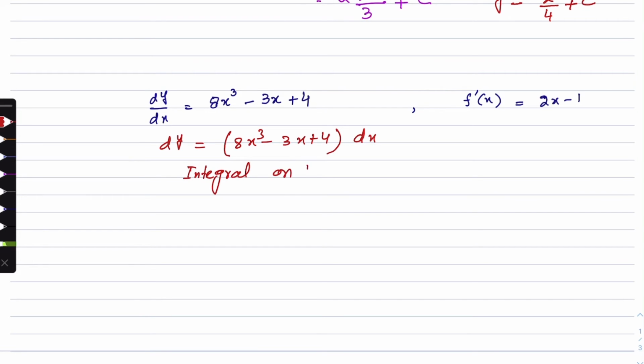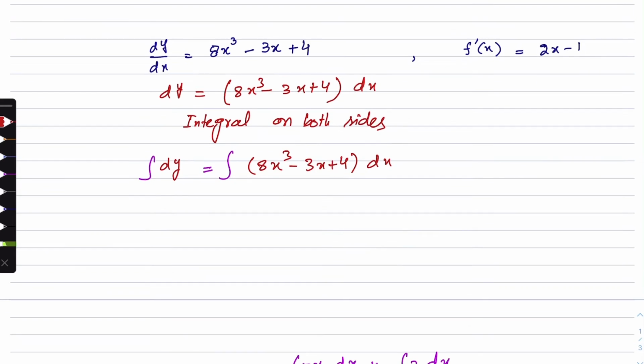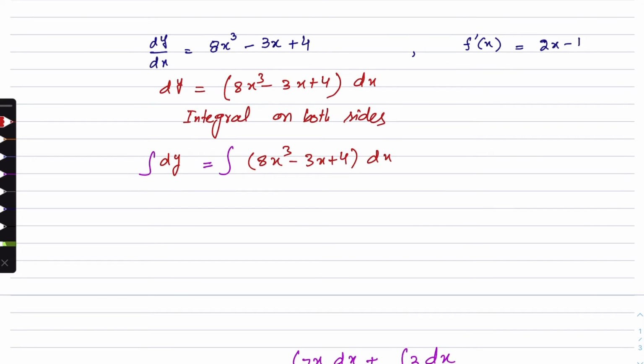So this would become the integral of dy is equal to the integral of 8x cube minus 3x plus 4 dx. Because we are at very initial steps, I will do all the steps in this question.